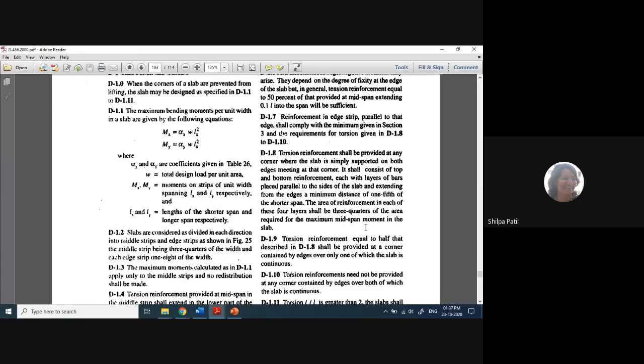Now the maximum midspan moment we calculate by this formula, mx and my. So that is 3/4 of mx and 3/4 of my. Okay. For that, we have to calculate the area.